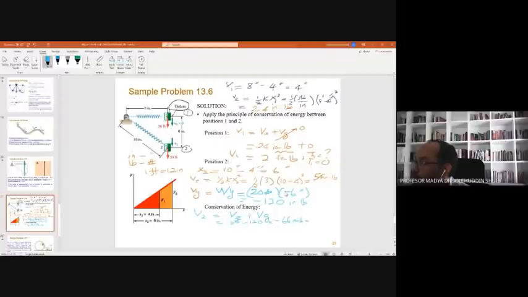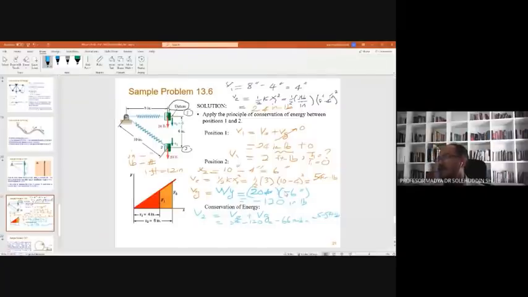We want to convert to foot pound, you divide by 12, right? 66 divided by 12. What do you get? Minus 5.5 foot pound.